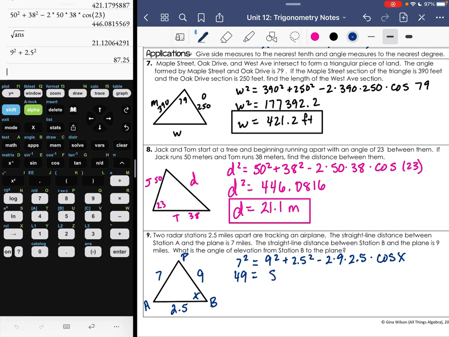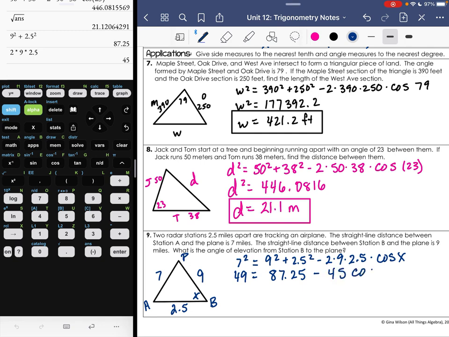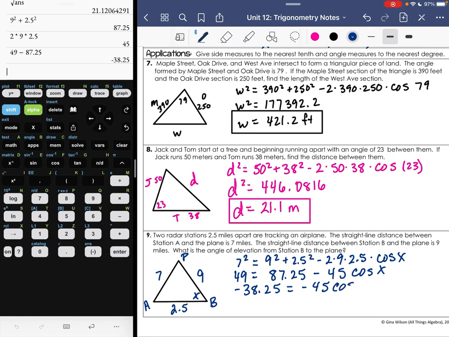So this first one is 87.25. And then we're going to have 2 times 9 times 2.5. So that's 45 cosine of x. So we're going to go back and do 49 minus 87.25. So that's negative 38.25. And that's going to equal negative 45 cosine of x.